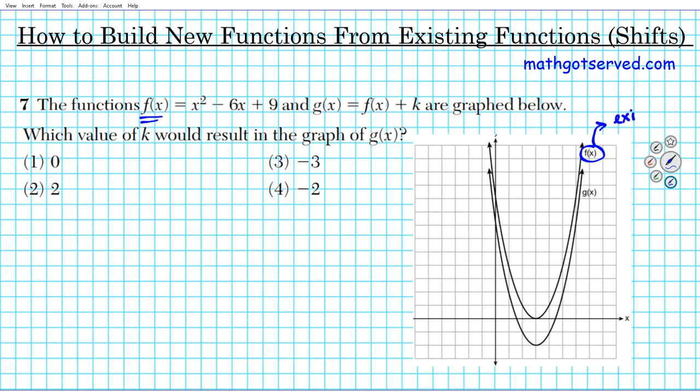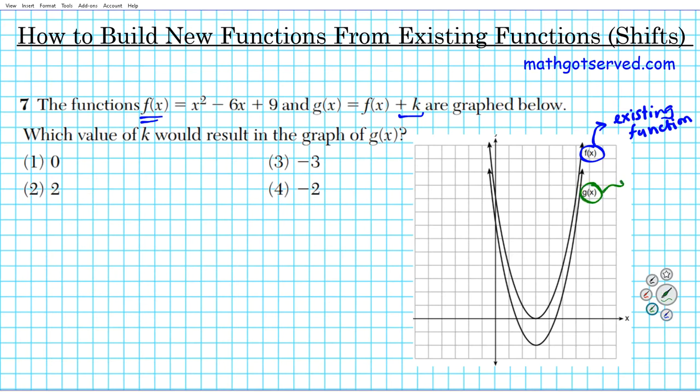All right. So with this existing function, we're going to create a new function by applying a translation to the original function. That is that plus k component. Now we don't know what that plus k component is, but we're going to determine it by looking at what the difference is between the existing function and the new function.